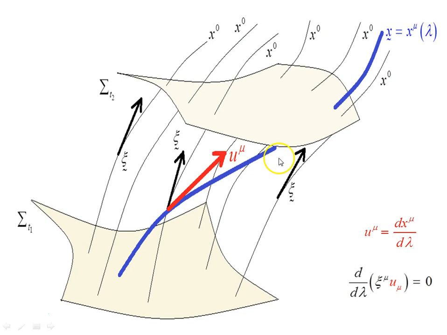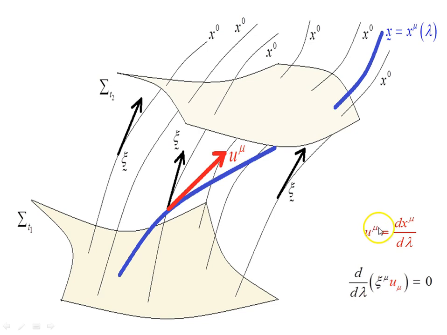Now let's move on. Let's put in our geodesic. There we go, this is our geodesic, and what we find is along this geodesic, at all points along it, the scalar product of the Killing vector with the four-velocity, the total derivative of that with respect to the parameter λ, is 0.